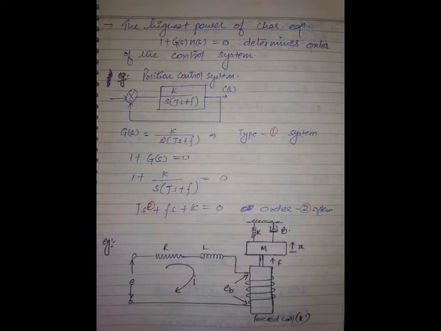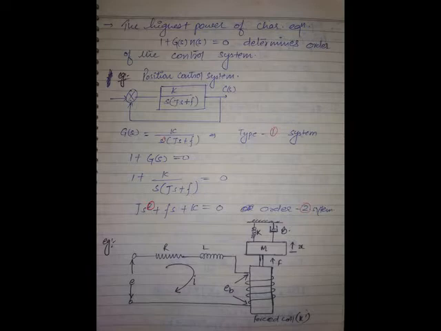This is the input. This is RA, IA. This is EB. This is the motor, and this is driving the load. This load I am showing here. This load is having a mass of J and B.